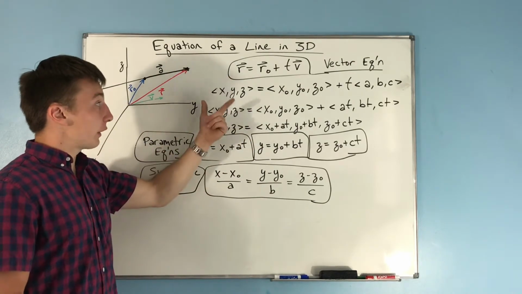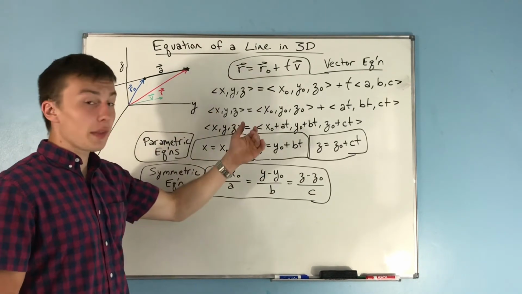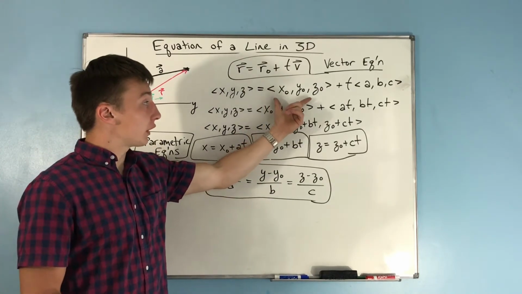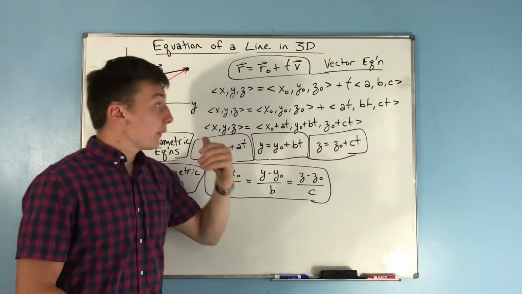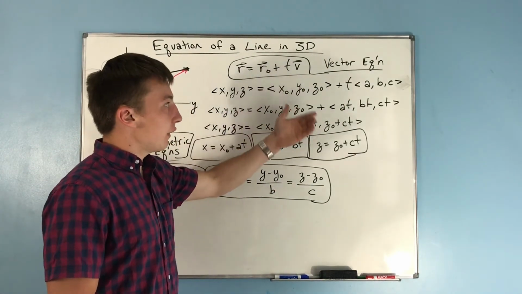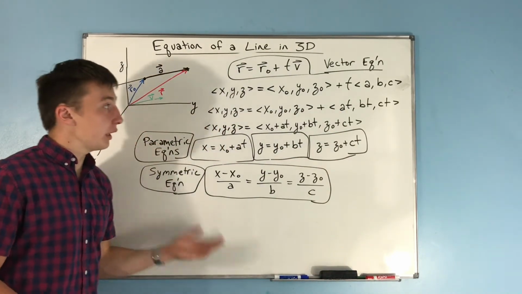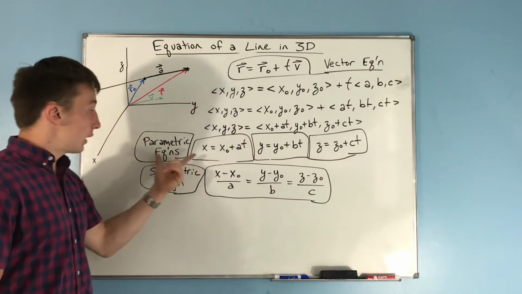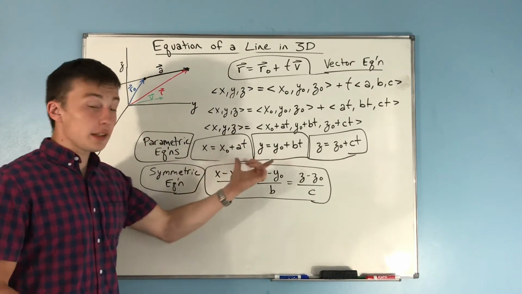You know that vector r is representing this vector x, y, z. You know that r naught is representing the vector of the point that we know, x naught, y naught, z naught. You know our parameter t just stays there. And our vector v is represented by a, b, c. Then you go out through that, you get your parametric equations, and then you just eliminate the parameter.